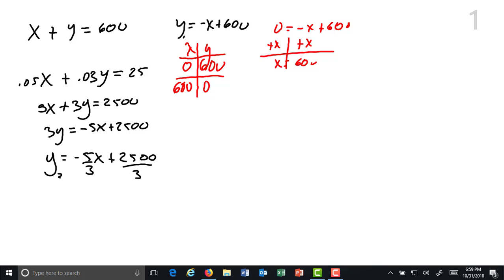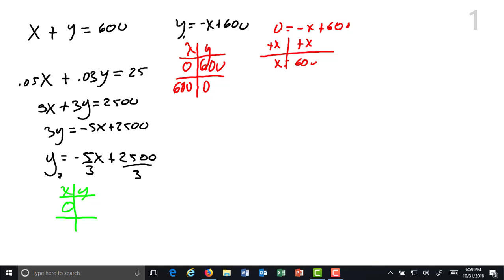Here, however, I'm going to do the same chart. But here, x and y, and x is equal to 0, so what's y? And your second one, is that the 5 over 3x, you're doing that one? Yeah, that's just 600 as well, isn't it?